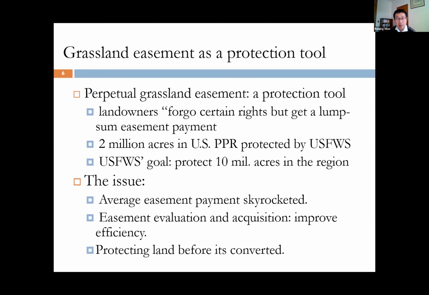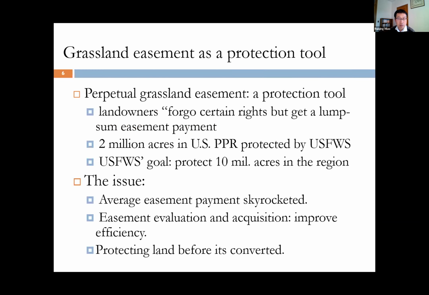So here's a little bit more background about the grassland easement usage for the USFWS. So currently in this region, about 2 million acres of grassland is protected under grassland easement. And the goal is to protect even more, about 10 million acres in this region.